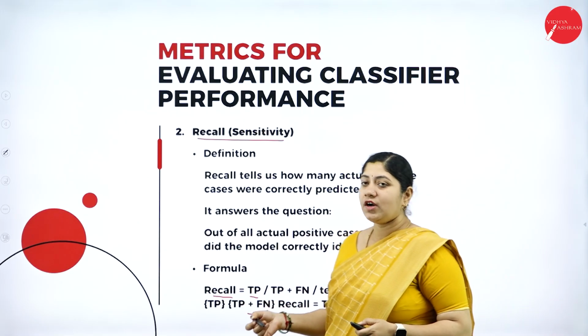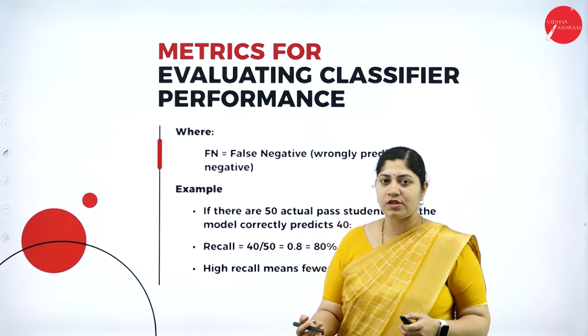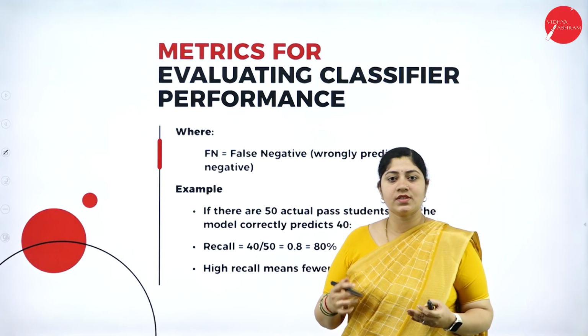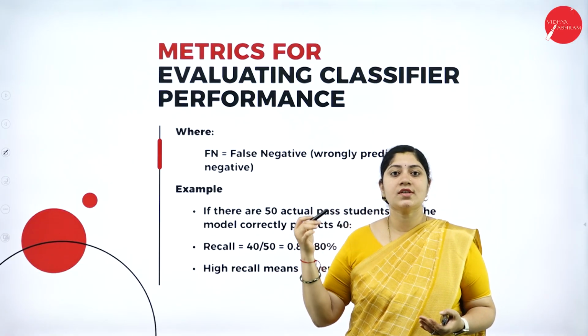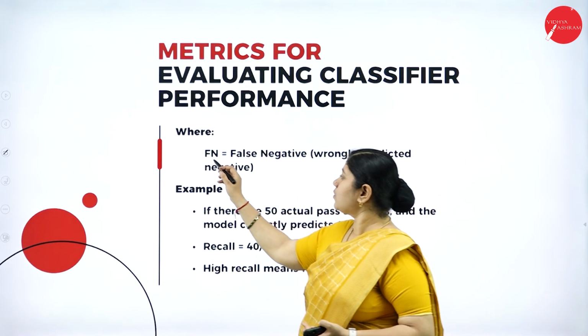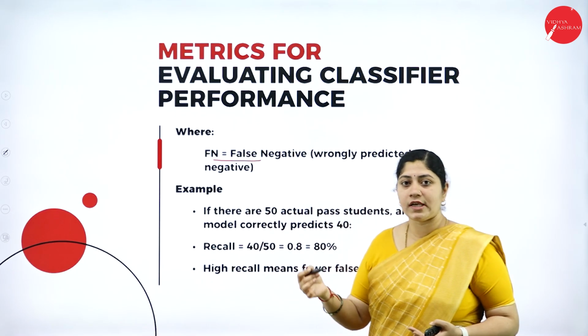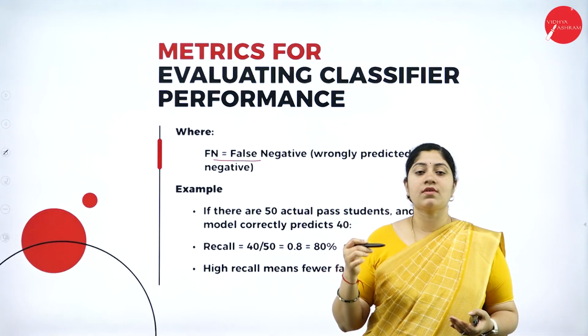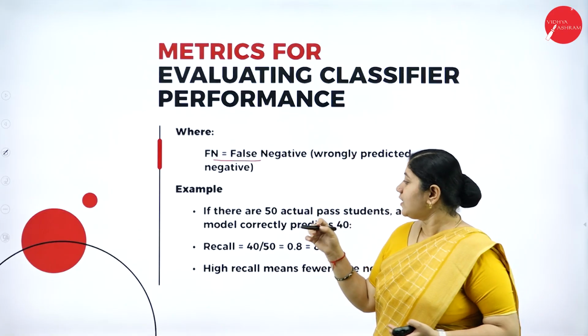Let's move forward and understand this with example 2. True positive, we have already learned, gives us the exact positive cases. FN, that is false negative, gives us the wrongly predicted cases. Okay, let's see an example.